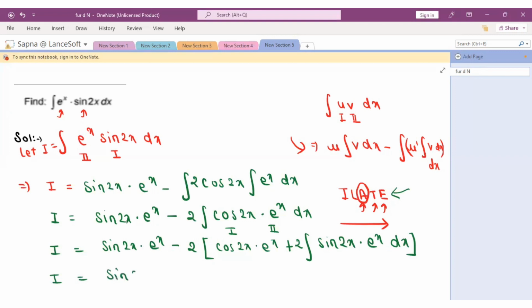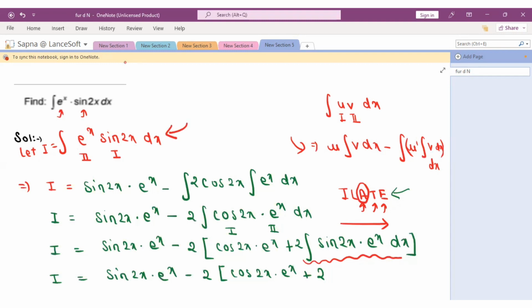Now we can just solve this. So I have written I is equal to sine 2x into e raised to x minus twice of, let us write the same thing, cos 2x multiplied by e raised to x plus twice of, here you can notice one thing, that I am having this integration of sine 2x into e raised to x dx in my first step, correct?